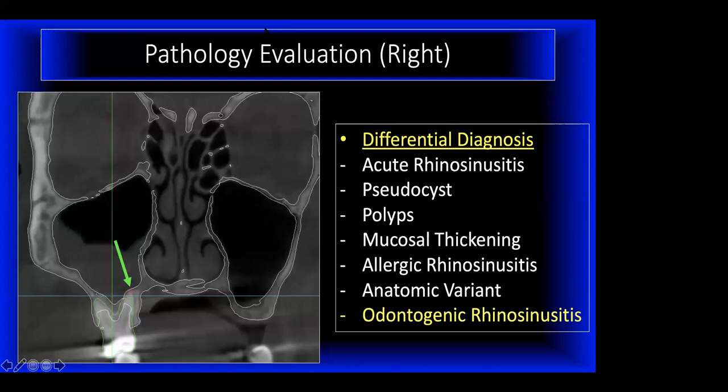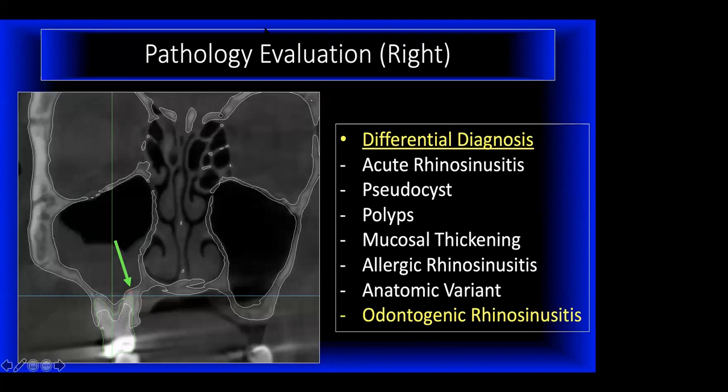The newer ENT literature is showing it's up to 40 or 50% of chronic rhinosinusitis patients have an odontogenic origin, meaning that this tooth that's asymptomatic most likely is causing this inflammation in the sinus.